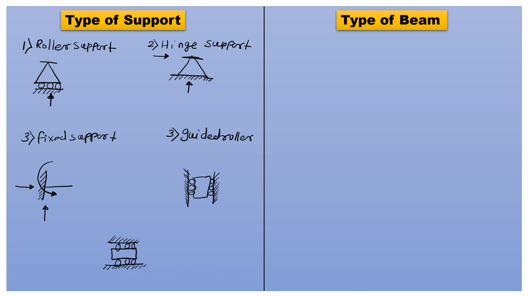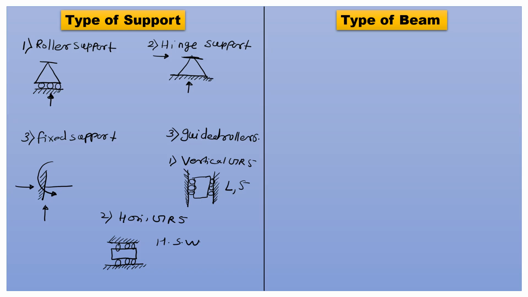In the case of the guided roller support, there are two types. The first one is the vertical guided roller support, and the second one is the horizontal guided roller support. An example of the vertical guided roller support is a lift shutter, and an example of the horizontal guided roller support is a horizontal sliding window.